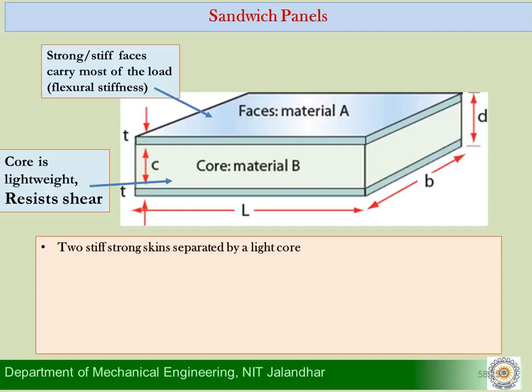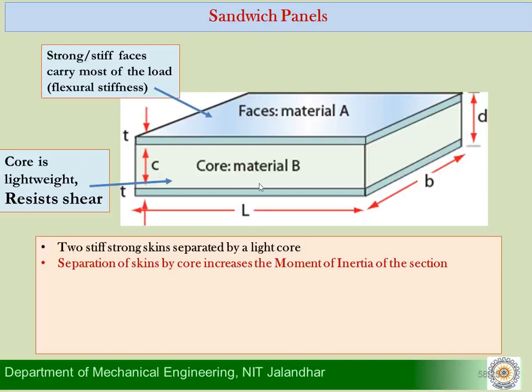So when I refer to the sandwich panel itself, it normally has two stiff and strong skins, also called faces, which are separated by a light core. Normally, a sandwich panel may be undertaking bending loads, and it may then be understood as a sandwich beam also. That is what we'll try to analyze it as, a sandwich beam itself.